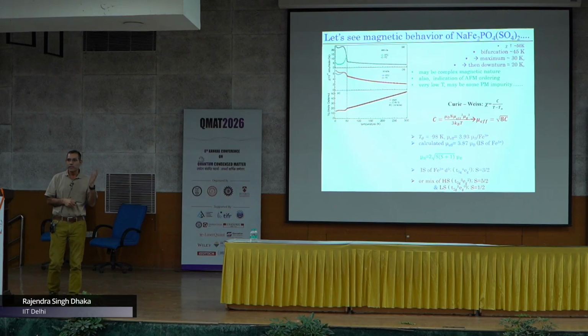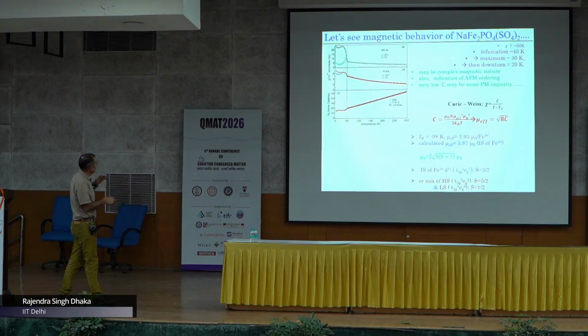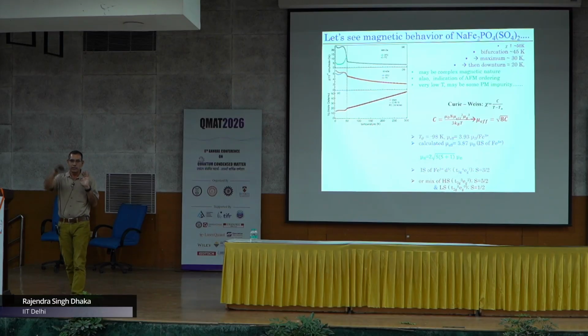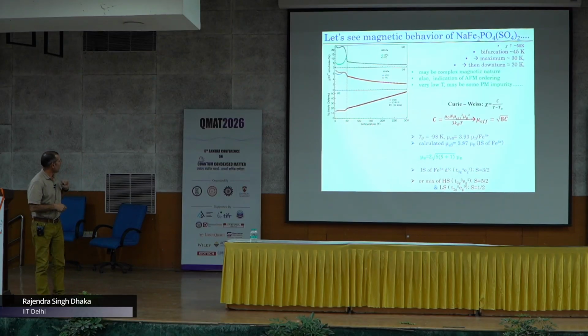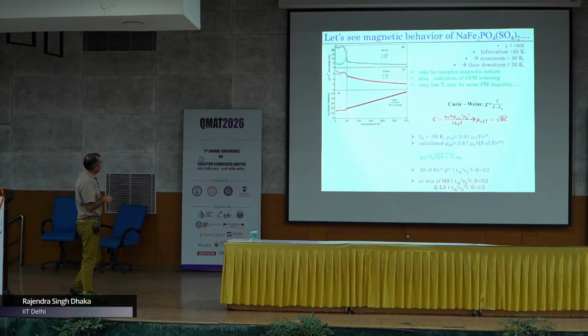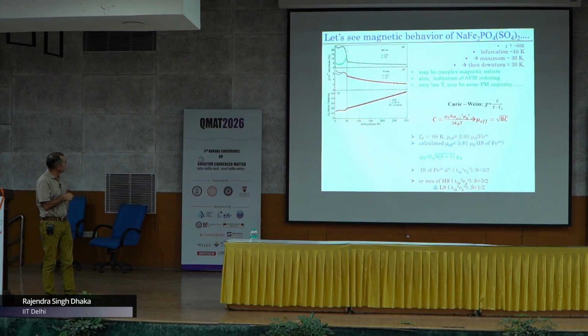Normally in pure antiferromagnetic materials, what is expected is that at a certain temperature both FC and ZFC go down and they follow each other. However, what we have seen is that for ZFC and FC there is a large bifurcation below this temperature, which is close to 50 Kelvin, and when we increase the field from 500 Oe to 10 kOe, the bifurcation got suppressed.